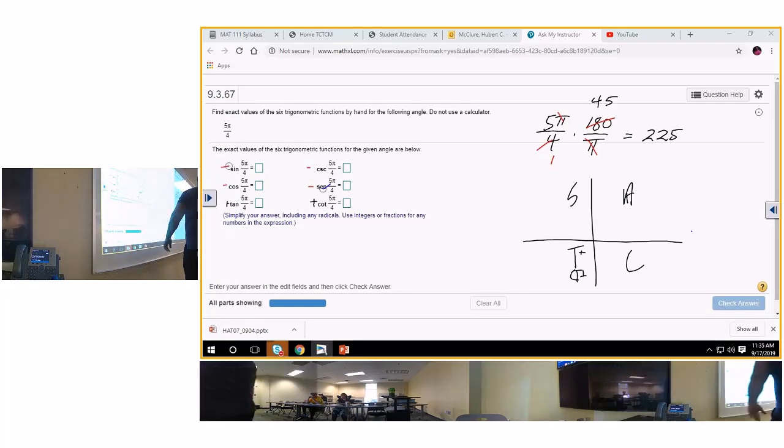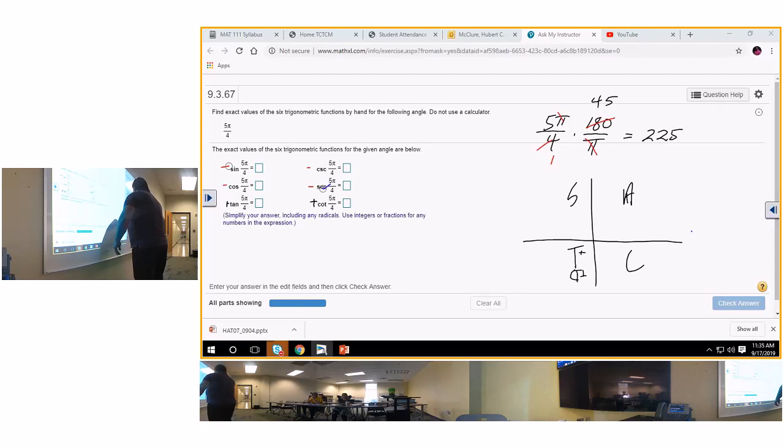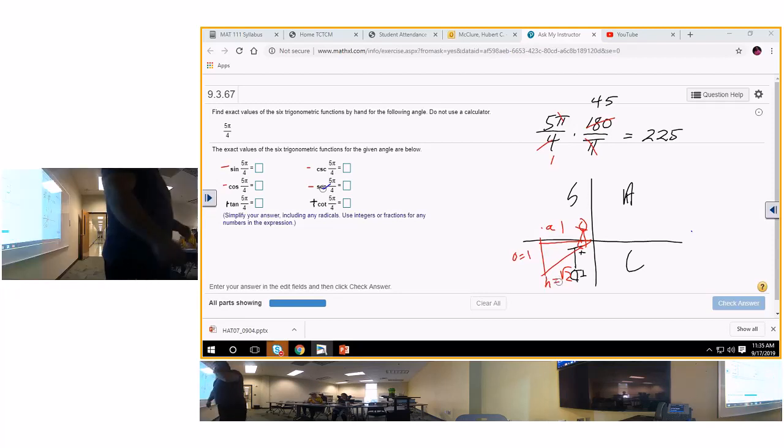Now we also know this is a 45-degree angle, right? 1, 1, square root of 2, or you don't need to worry about the negatives because you already established that with all students take calculus. So now you just do, here's your little man. That's opposite and adjacent, and there we should be able to knock it out.